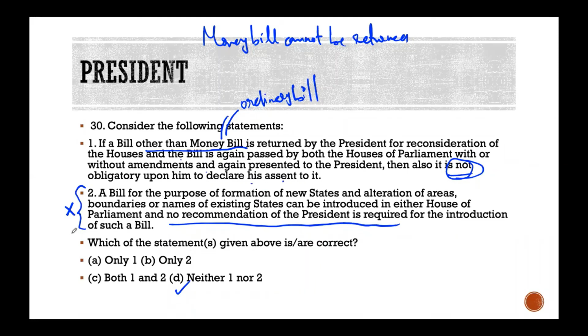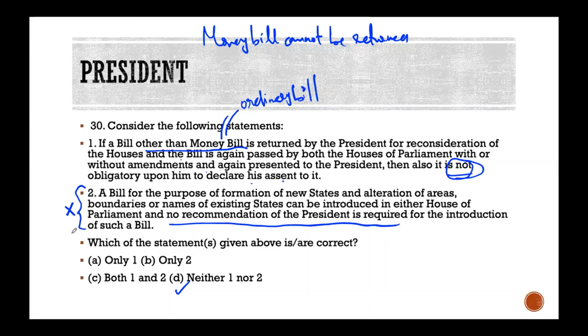In that you have a heading named Parliament's power to reorganize the states. Article 3 authorizes the Parliament to form a new state by separation of territory from a state, increase the area of any state, diminish the area of any state, alter the boundaries of any state, alter the name of any state. Okay, so we're talking about Article 3.